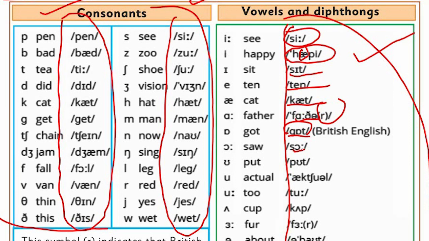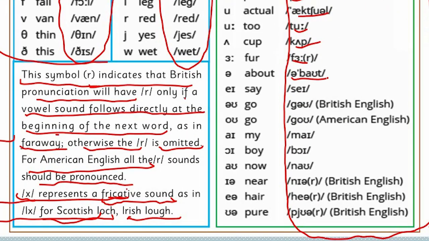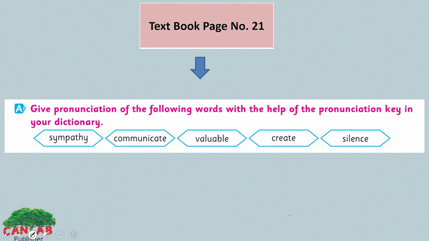Saw, put, echo, to, cup, for, about, say, go. In American English, go. My, boy, now, near. The R is silent here in British English. Here, the R is silent again. Peer, the R is silent again in British English.